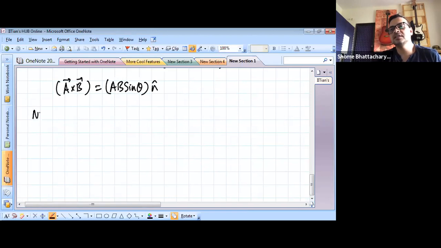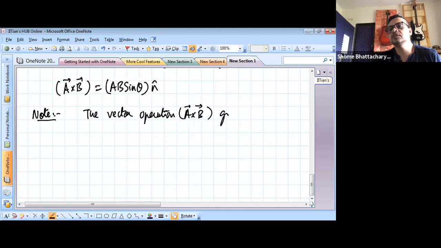So next thing we understand is that the vector operation of cross product, the output of this thing is a vector quantity. So it gives or it results in a vector quantity.